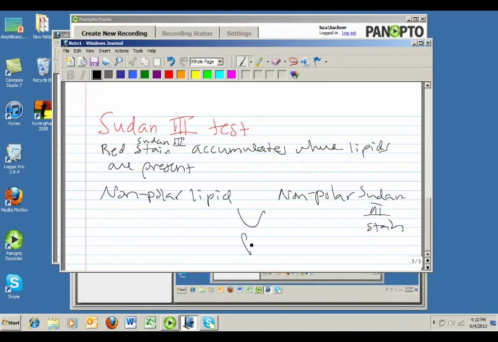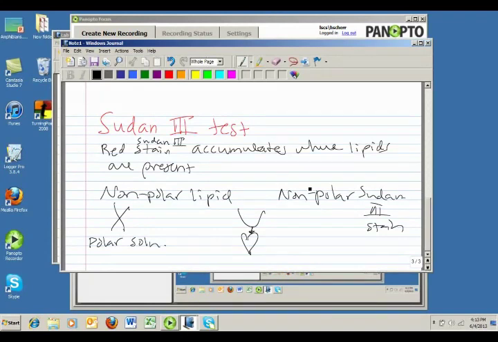And that means they like each other. So basically it means they mix well. Whereas with a polar substance and a nonpolar substance, these guys are not going to work together. So you would not have the red stain sticking to a polar substance.